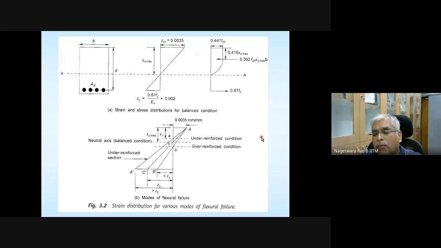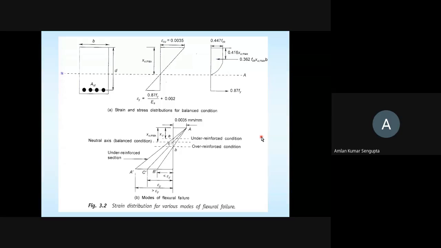I'll hold on here for a minute. Please take a note of this figure. Let me just emphasize that we should always start with the strain diagram first. The strain diagram itself will help us understand the type of section. From the strain diagram, we move on to the stress diagram.